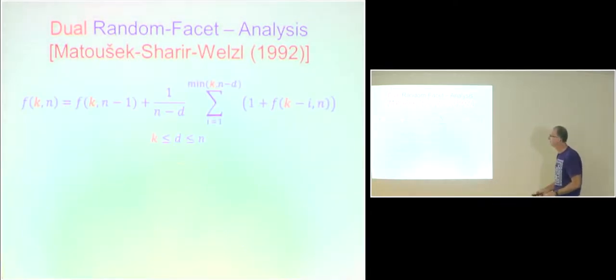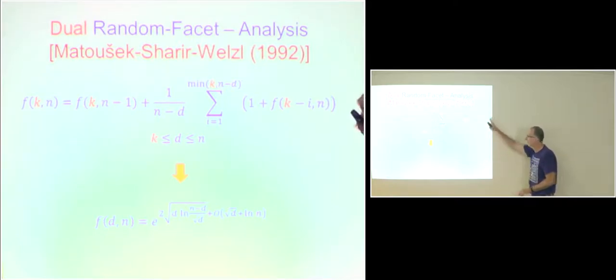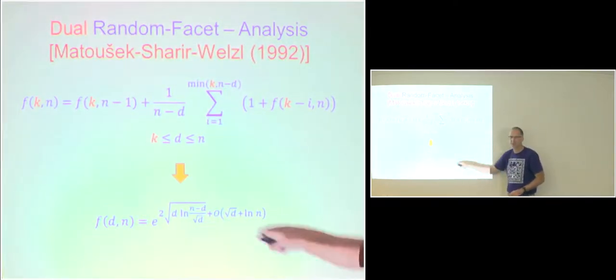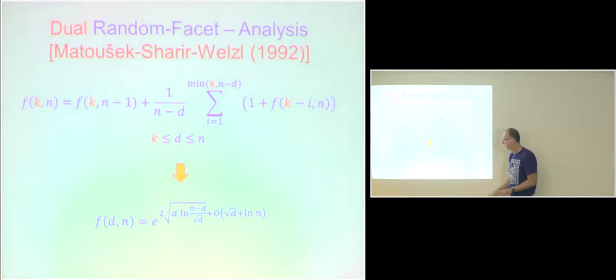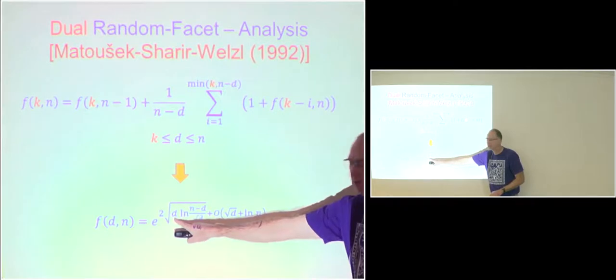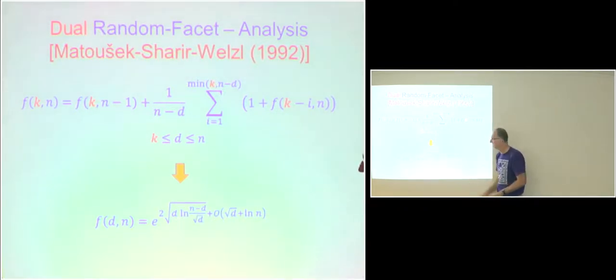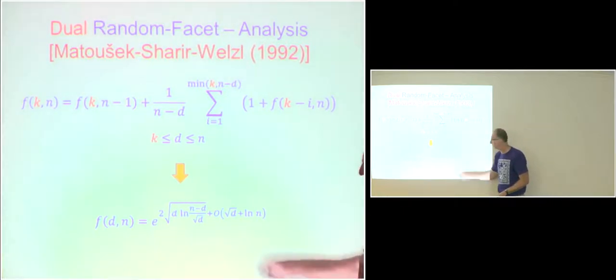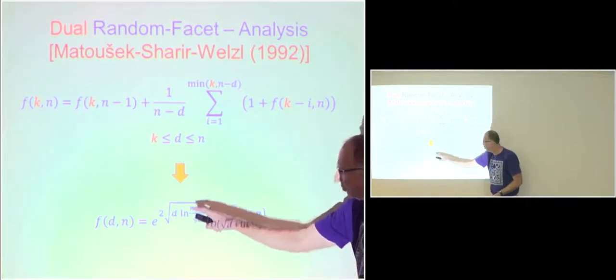And this is actually quite a complicated process, showing that we can get the following upper bound on this recurrence relation. The nice thing here is that this is sub-exponential in d. It's roughly 2 to the order root d, or if you like, root of d log n.